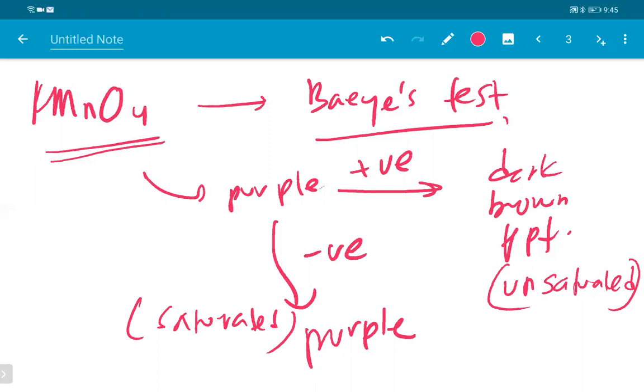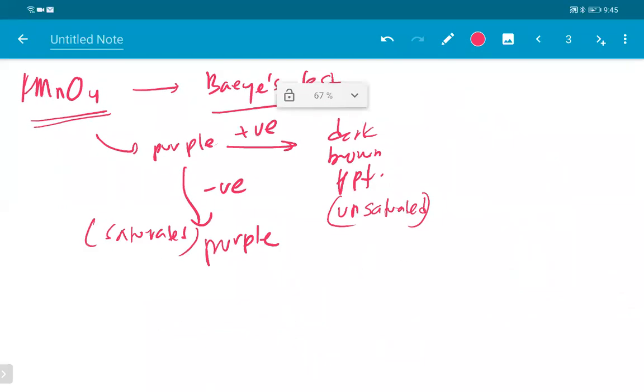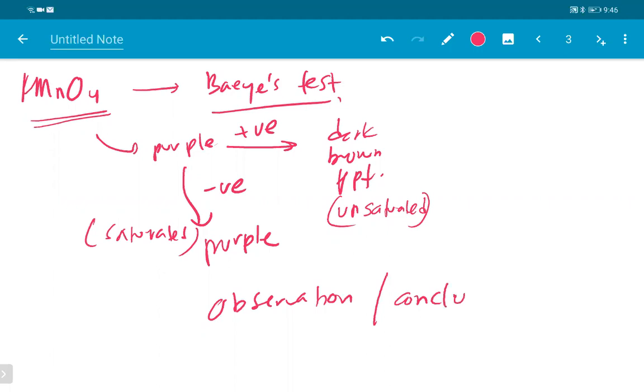For the potassium permanganate also, you need to provide chemical equation for all of the hydrocarbon that we use, which is cyclohexane, hexane, and also toluene. The rest also applies: you need to have the observation, and you need to have the conclusion, which is supported by the discussion.